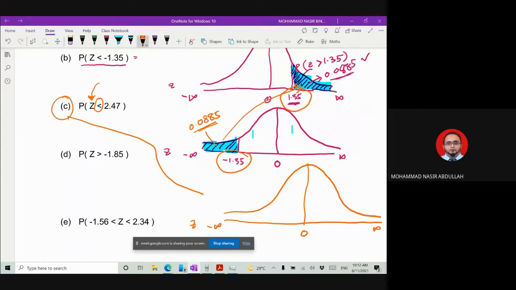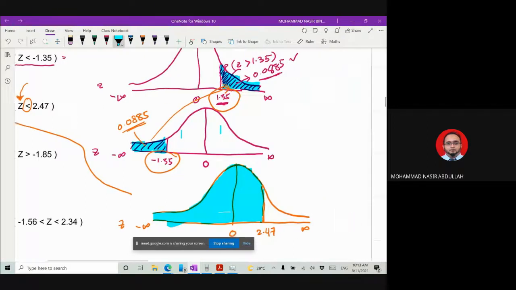So 2.47 lies on the right hand side, somewhere here. This is 2.47. And this is the area that we want to find. The area that is colored in blue. So this is the area that we want to find.